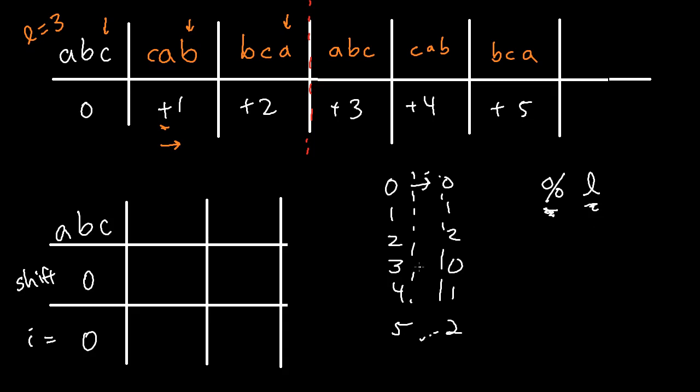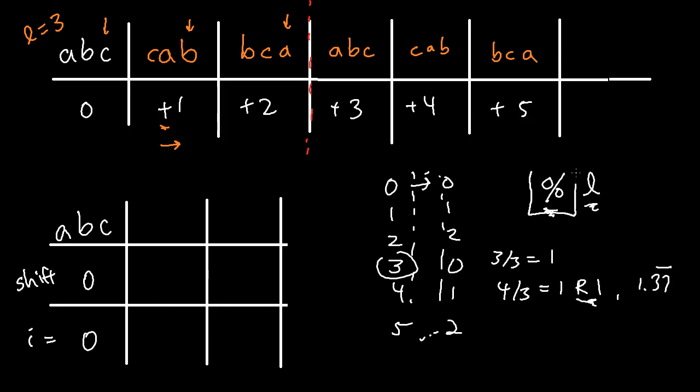So here, if we do 3 divided by 3, you're going to get 1 with no remainder. 4, we're going to get 4 divided by 3 equals 1 with a remainder of 1. Or in other words, 1.33, blah, blah, blah. But this remainder, we can get it with the modulo operator.